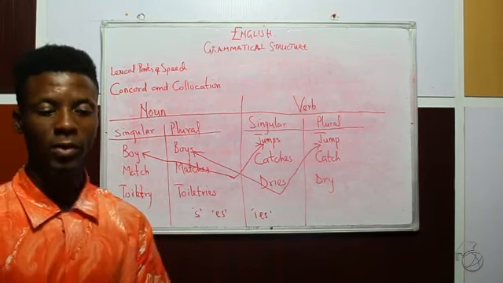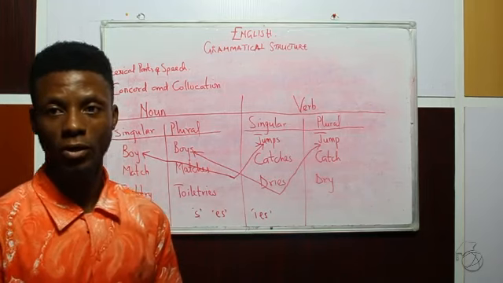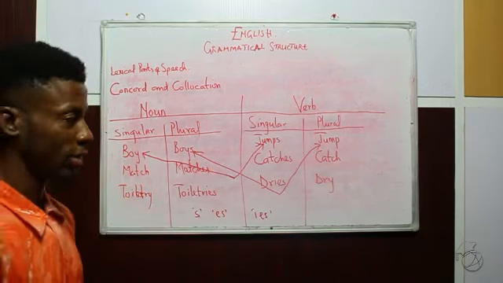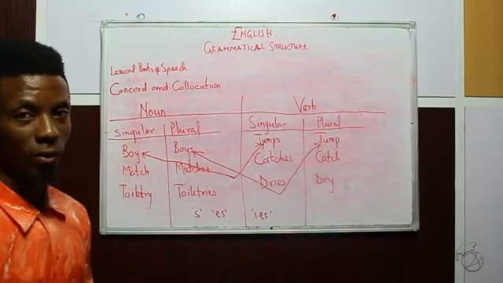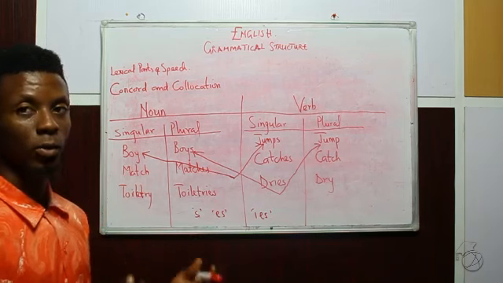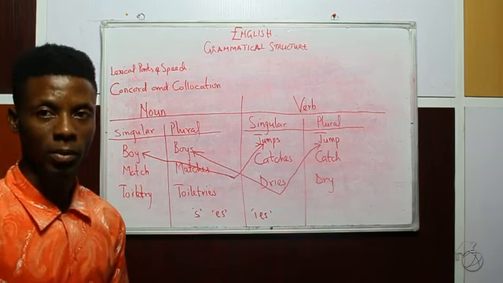Remember, the first step to the student's mastery of the rule of Concord is to know that a singular noun takes a singular verb, while a plural noun takes a plural verb.